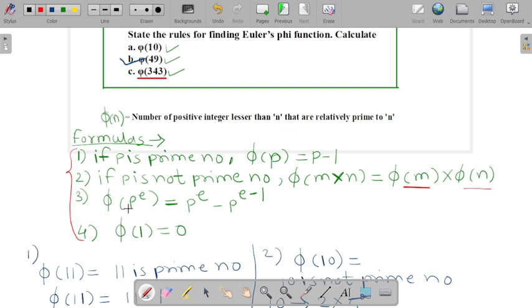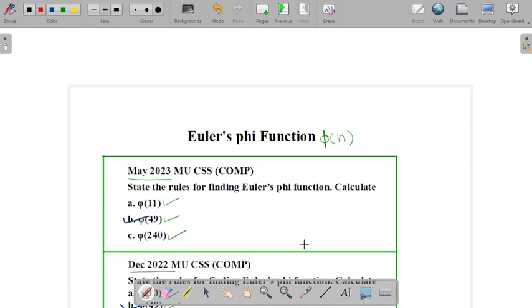If phi of p raised to e is given, then phi of p raised to e is equal to p raised to e minus p raised to e minus 1. And if phi of 1 is there in the example, then we can take it simply as 1. So these are the four formulas we have to remember while solving this Euler's Totient function.